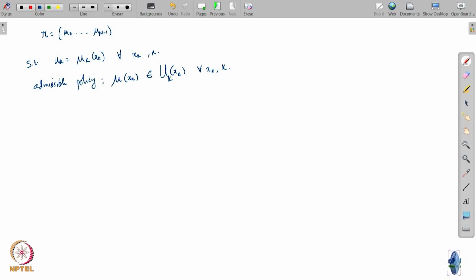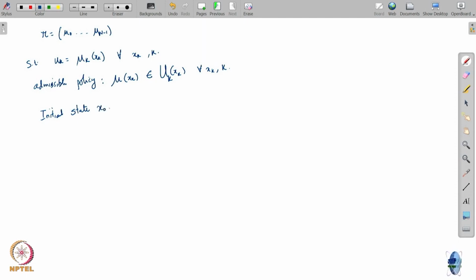So, now how does the problem begin? The problem begins with an initial state. So, you are given an initial state, okay, which is say the inventory level at the start of the time horizon.